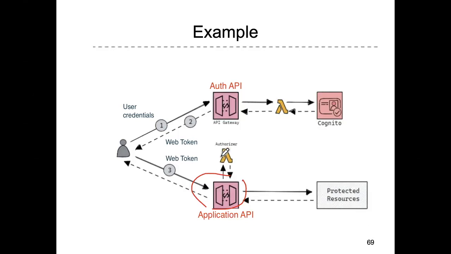And that's why the type of this Lambda is different from the type of the Lambdas that are over here. And indeed, these Lambdas here are the exact same type as the Lambdas here. They're invoked in the normal kind of request response flow. This one is different.